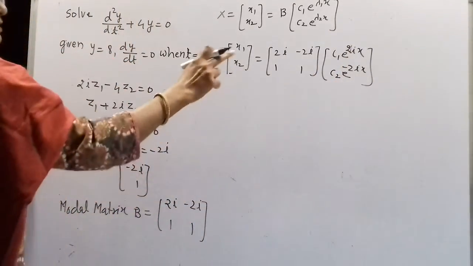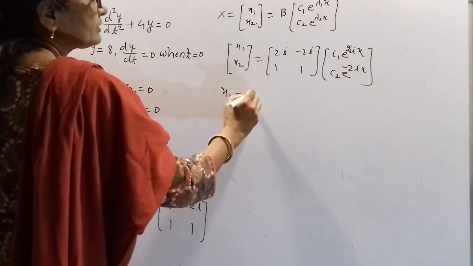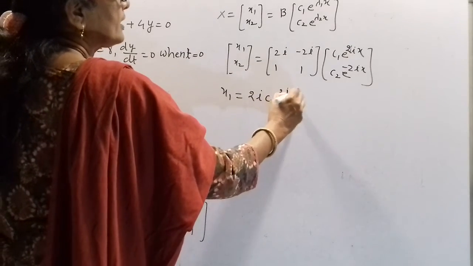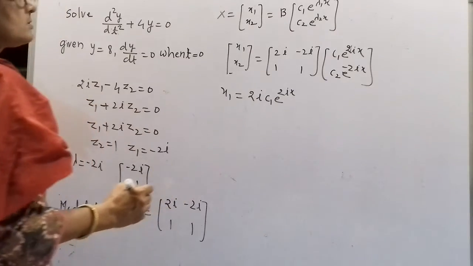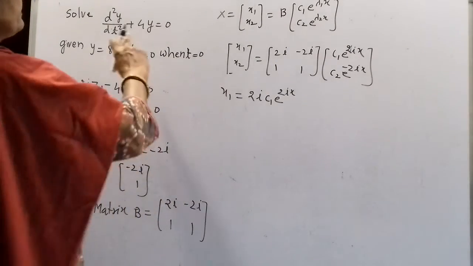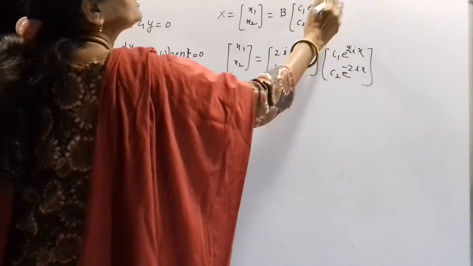Now if we expand it, we get x1 is equal to 2i c1 e to the power of 2ix. Here the independent variable is t, so we have to consider t here.